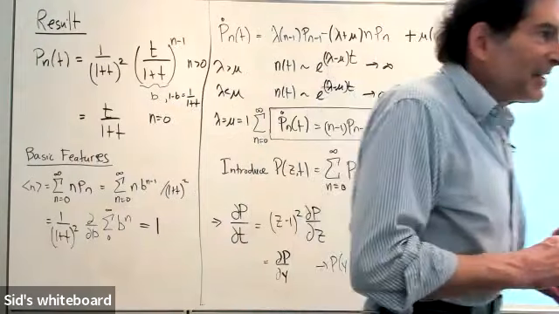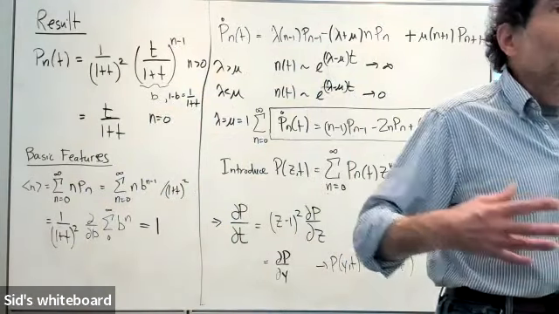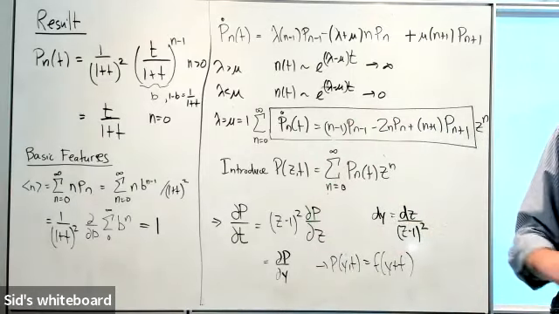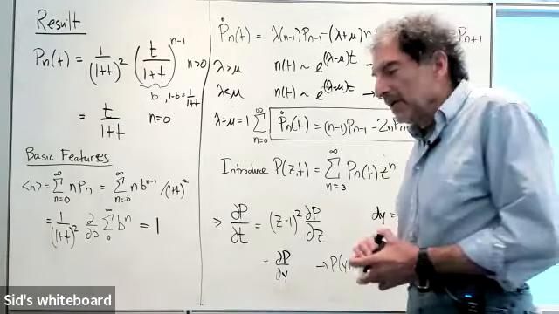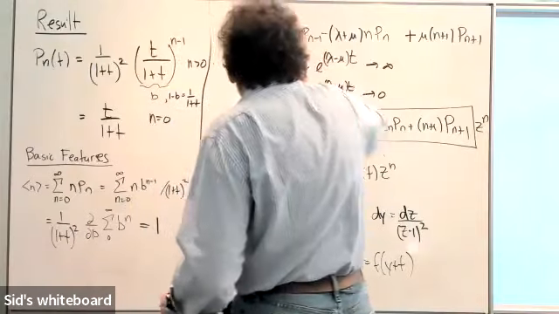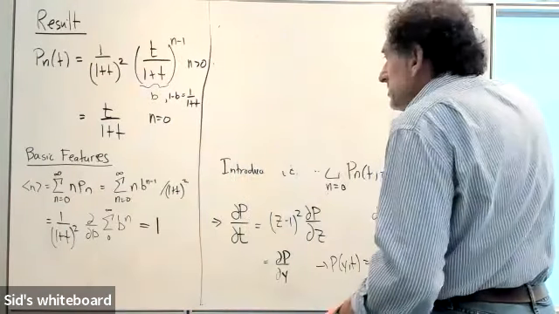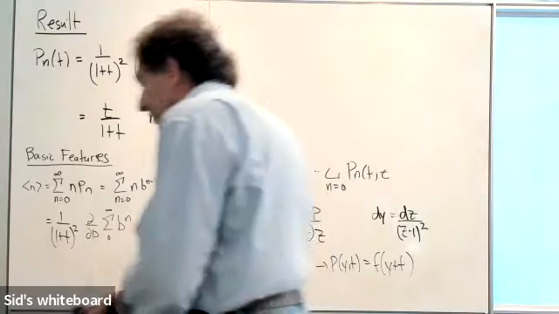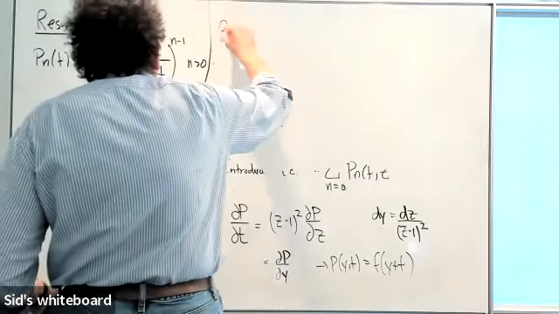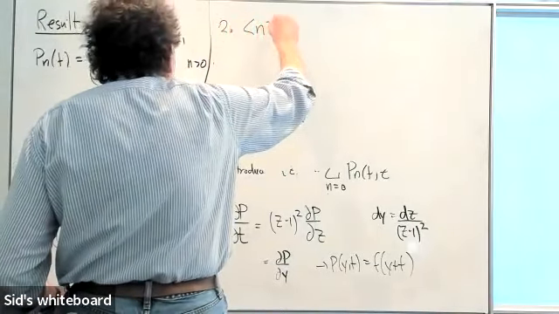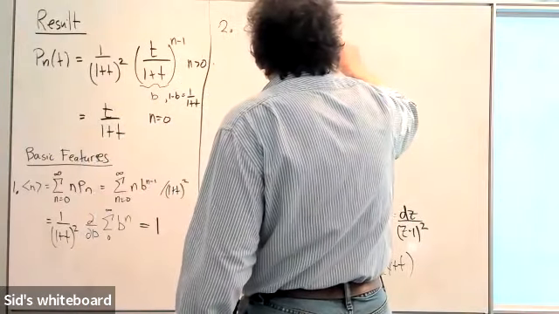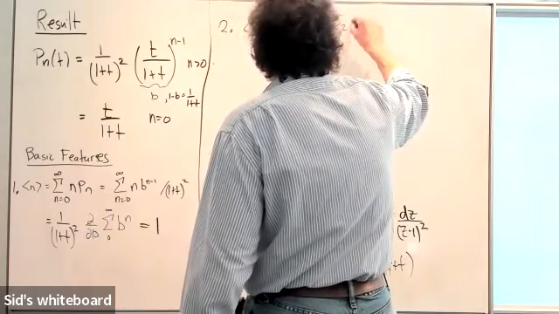So in some sense, it's obvious, and in some sense, it's quite amazing, because you'd say, well, look, there's all this birth and death going on. Isn't there the possibility of having a large number of cells in the system? And the answer is yes, there is, because if we look at n squared, for example, so this is basic feature 1. So basic property 2, if we look at, say, n squared. So we want to compute summation from n equals 0 to infinity, n squared pn.